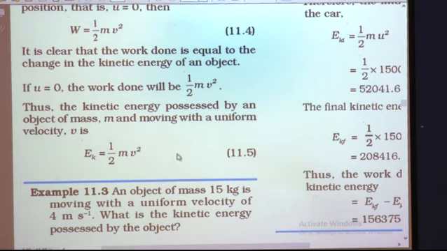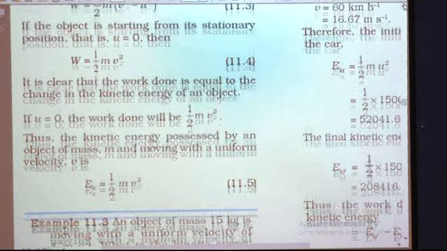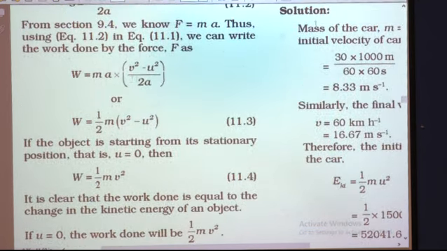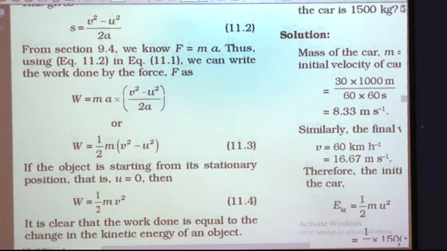Is it clear? So, we have used here the formula, that is v square minus u square is equal to 2as. We have rearranged it and we got the formula S is equal to v square minus u square upon 2a. Then we have used the formula W is equal to Fs. We have used the formula F is equal to ma.